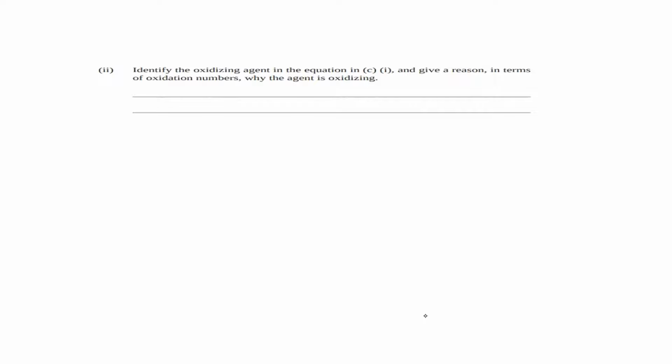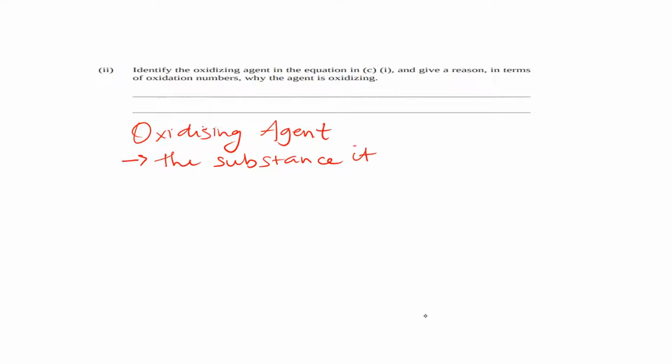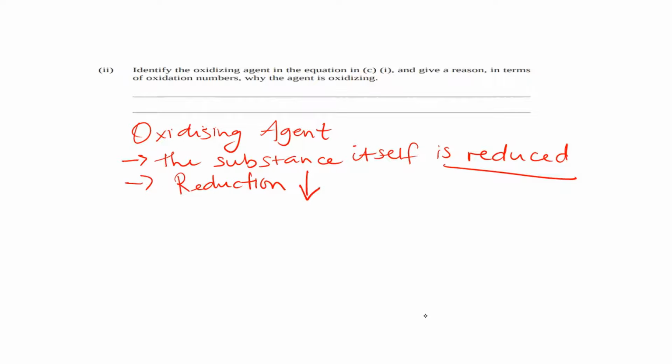When a substance acts as an oxidizing agent, the substance itself is reduced, right? And if it's reduced, reduction is a decrease in oxidation number. So that's what we're looking for, a decrease in the oxidation number.